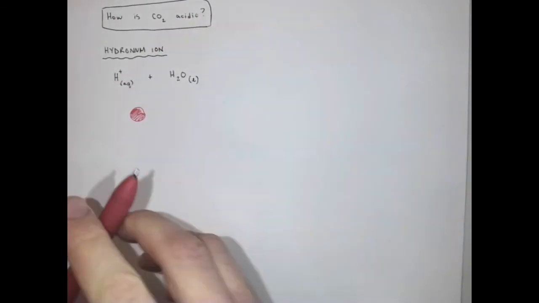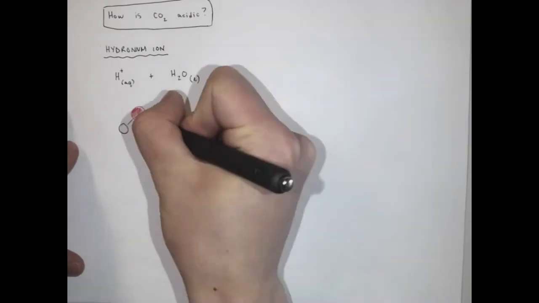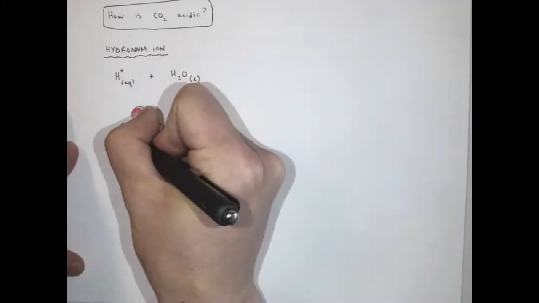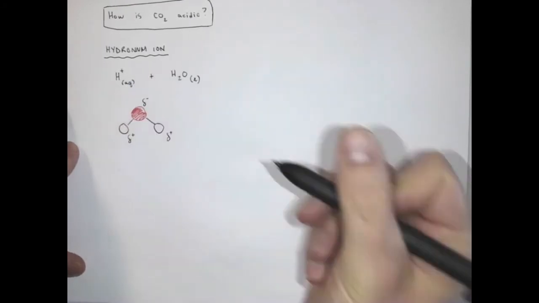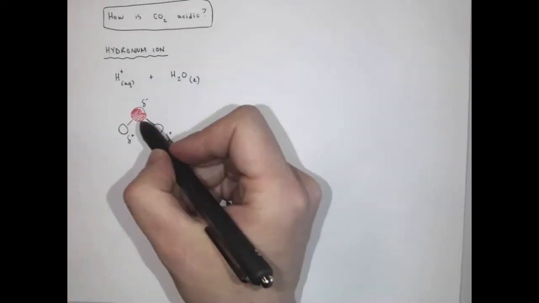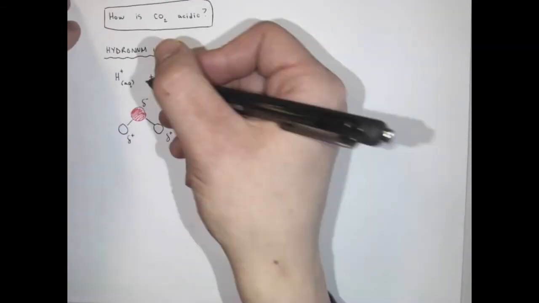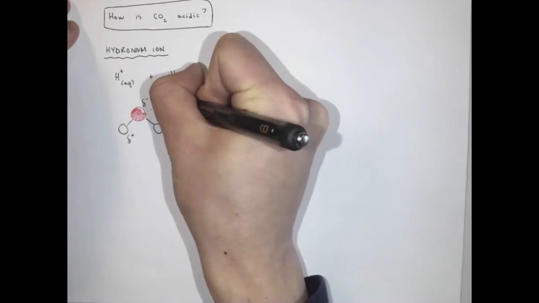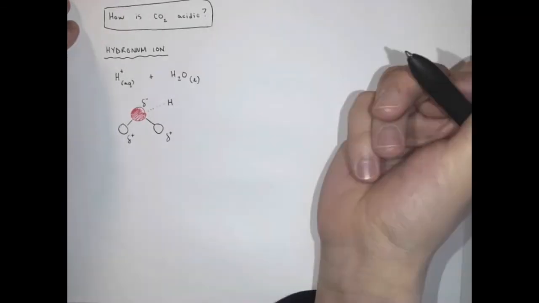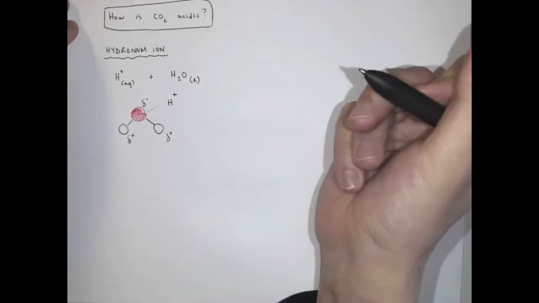with a slightly negative oxygen and two slightly positive hydrogens. And you could probably imagine this slightly negative oxygen in the water molecule could easily make a hydrogen bond, or even a full covalent bond, with a neighboring hydrogen ion like that.